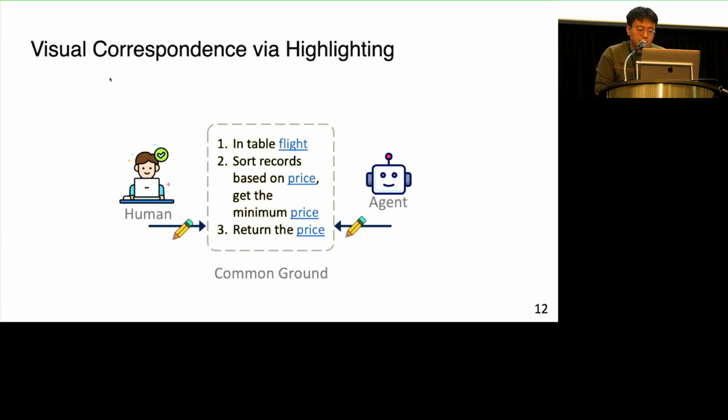SQLucid detects columns, tables, and values in the explanation. When users hover their mouse over a keyword, the related data automatically pops up, highlighted and shown on the side. This feature helps users to mentally relate the textual explanations to concrete data, and users can use this feature to efficiently navigate through the database.